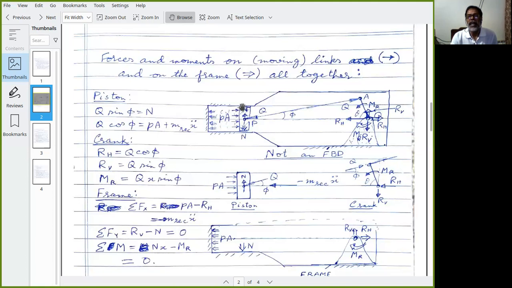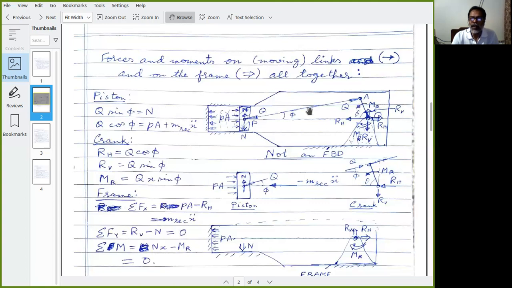So moments are balanced, and there is no point in taking that into account here, because nobody knows the right details of how. As long as we achieve it by the physical construction, we are true. Now, these are the two equations that we have got from the analysis of the piston.